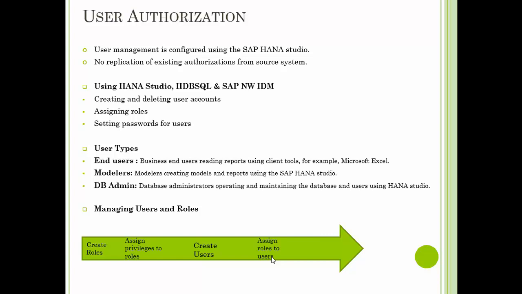So basically, the roles are created using a command called create role, and we can provide the role name. Once the role is created we can assign privileges to roles, and then create users. We can choose the authentication method and other user settings, and then further provide the roles.